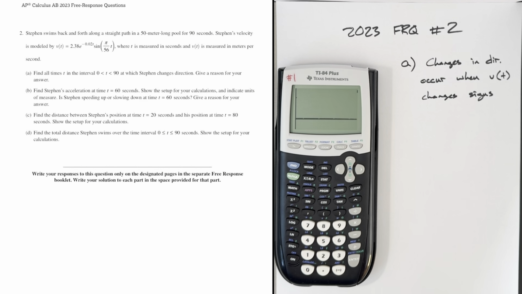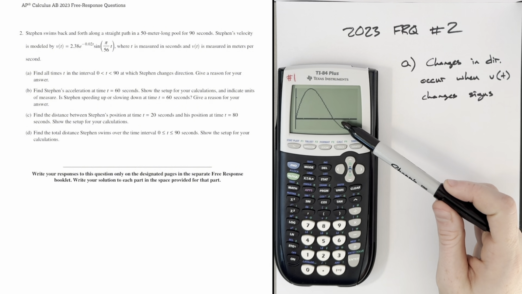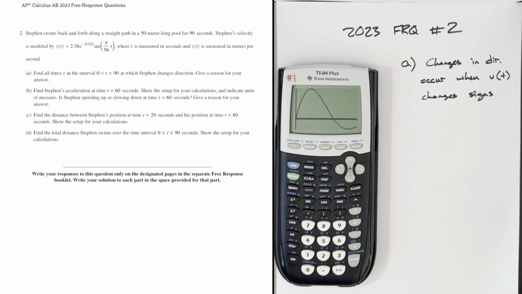When I click zoom fit, it perfectly fits right in my window, which is super nice. It gives us a fantastic image of this function. So we're looking for places where velocity changes signs. Looks like right there. It goes from positive to negative, and we need to solve for this value, right?